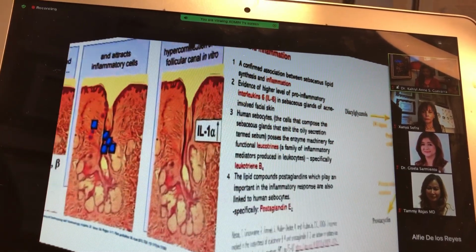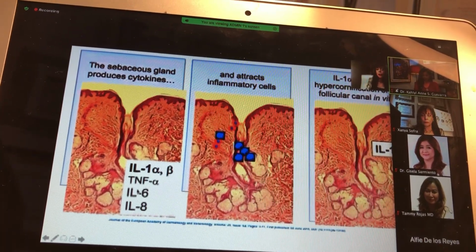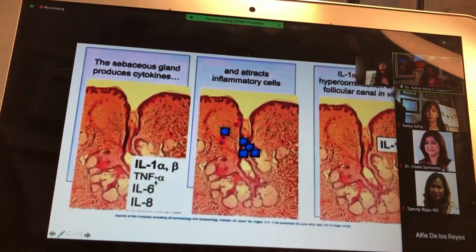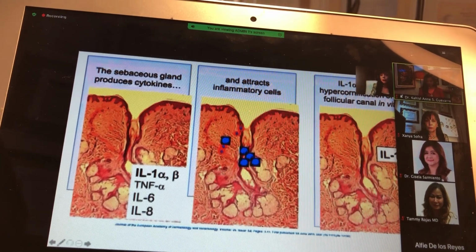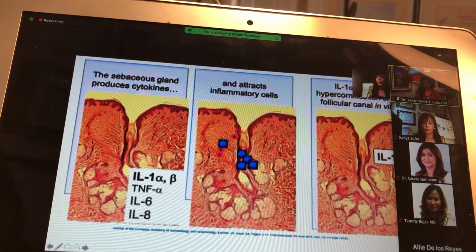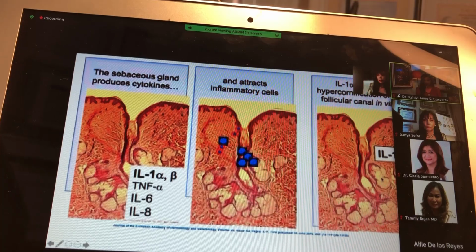Sebaceous glands produce cytokines: interleukin 1 alpha and beta, tumor necrosis factor alpha, interleukin 6, and interleukin 8. Basically, this attracts inflammatory cells and creates the problem expressed as acne.